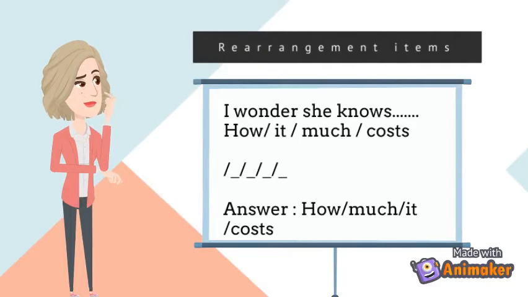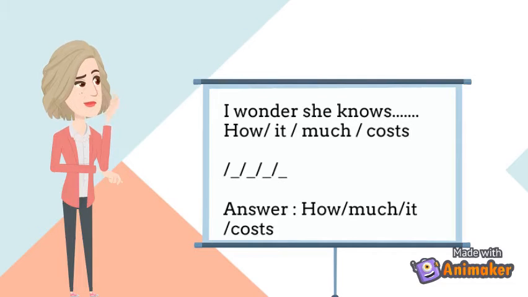Another possibility is to give testers the four words and ask them to put the words in order. For example, "I wonder she knows blah blah blah." How / it / much / cost. So we have to arrange these random words correctly.